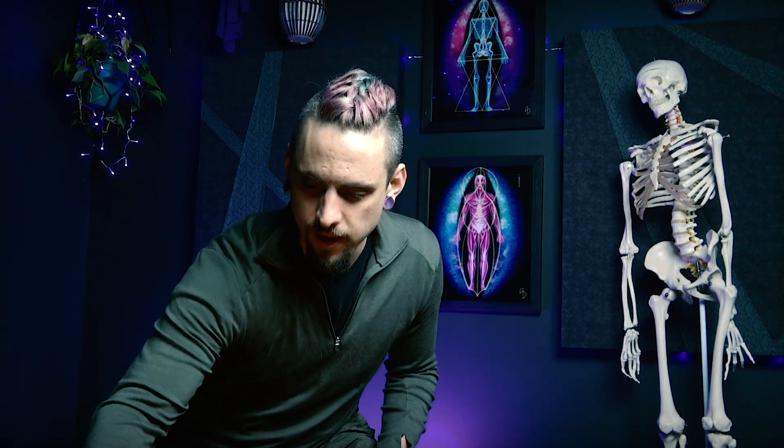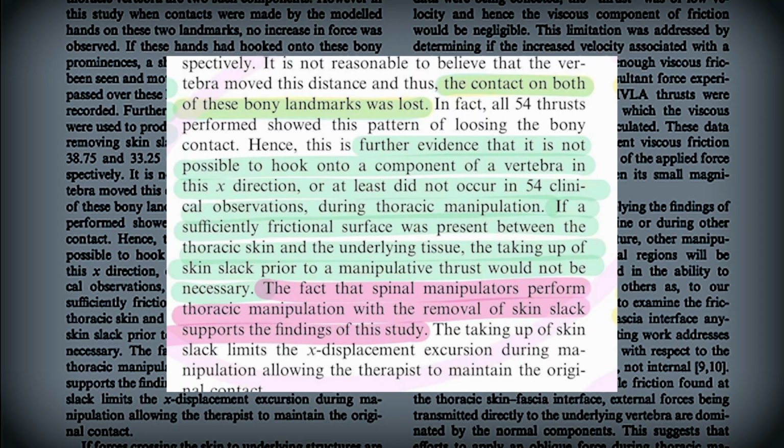And what they say is that this is further evidence that it is not possible to hook onto a component of a vertebra in this X direction, or at least it did not occur in 54 clinical observations during thoracic manipulation.